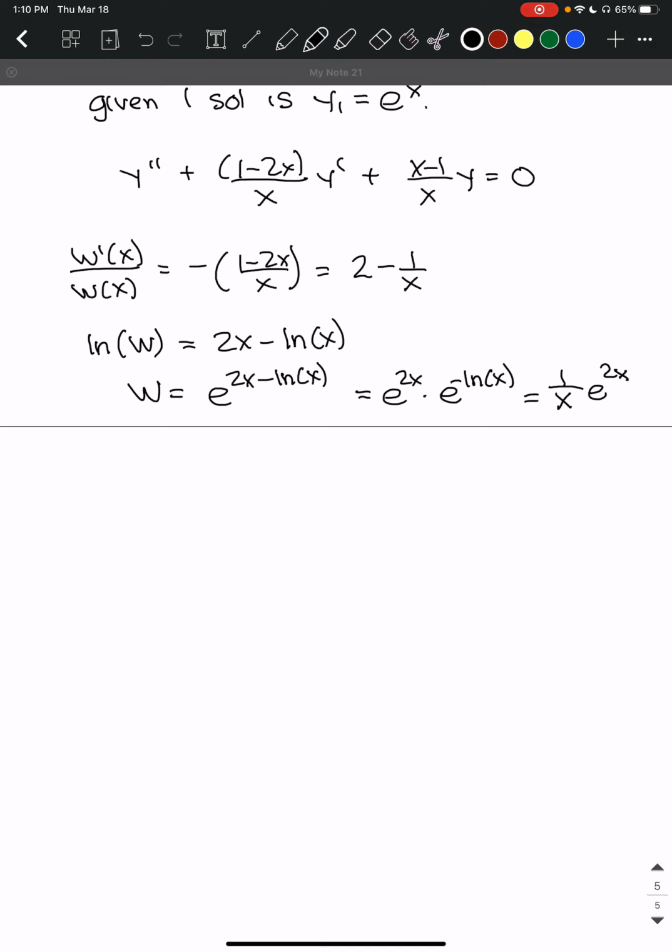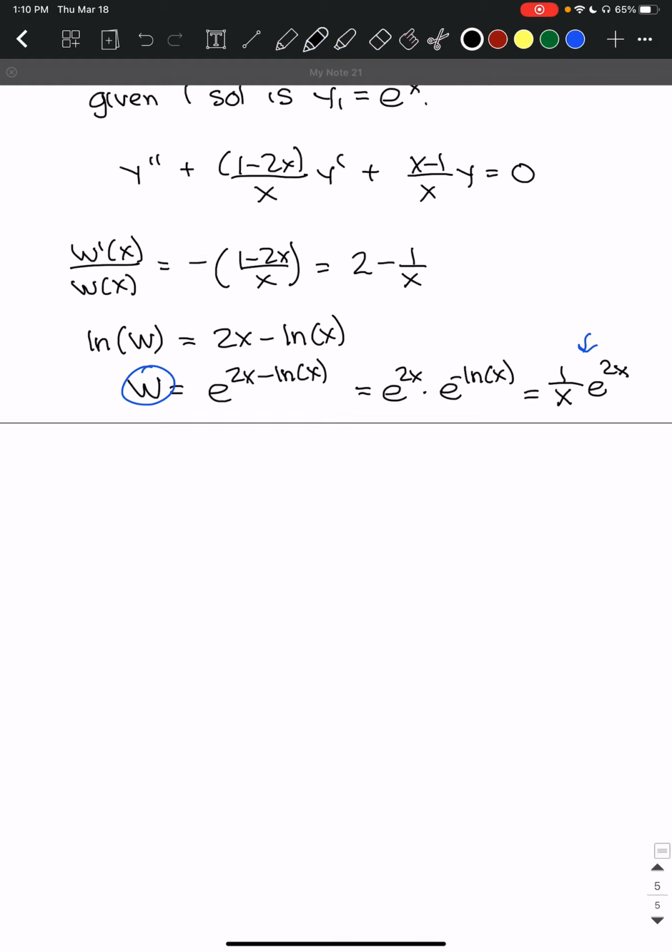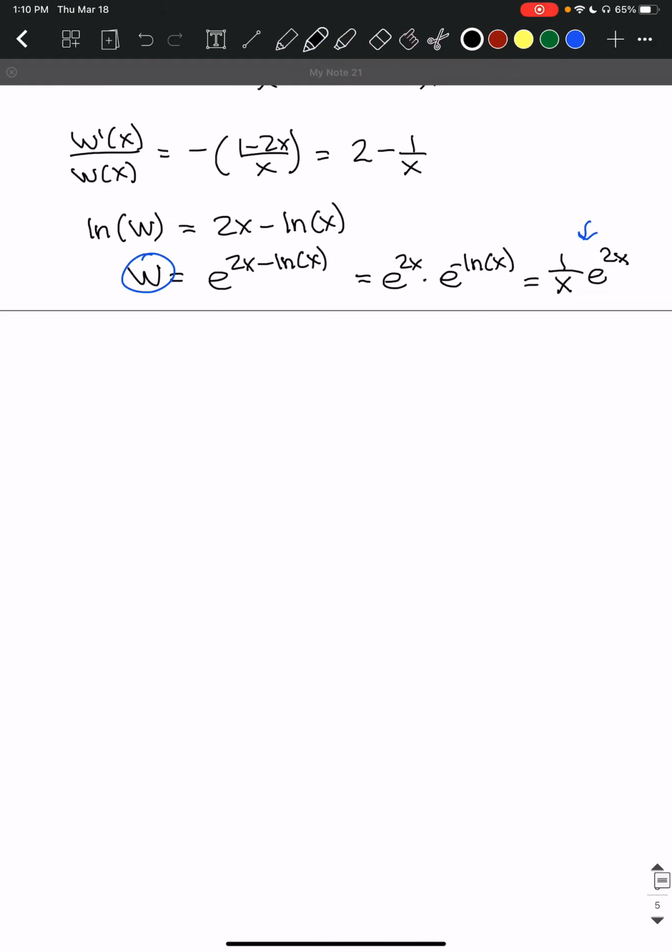What do I do with that? Well, I know that's my Wronskian, right? So I know that my Wronskian will have to equal this for both of my solutions. So I'm going to define an arbitrary solution y2, and I'm going to stick it into the Wronskian to find a relationship. So my Wronskian then is going to be y1, y1 prime, y2, y2 prime.